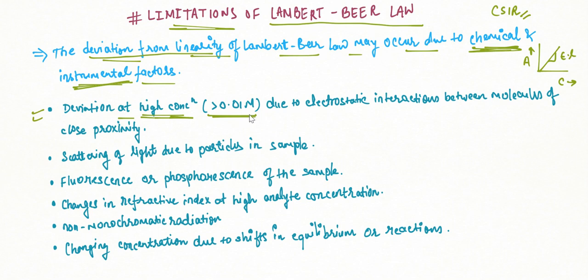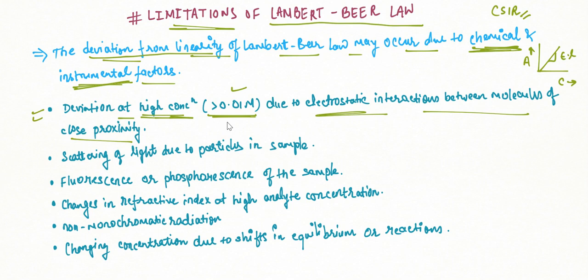So if the concentration increases more than this, then what will happen? Due to the electrostatic interaction between the molecules which are in close proximity, the molecules are not very free to interact with the electromagnetic radiation.